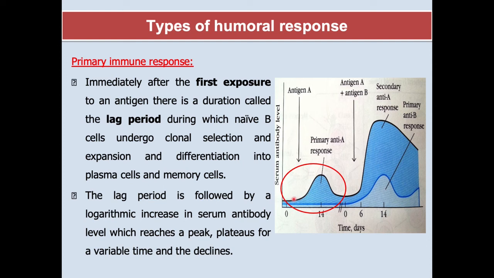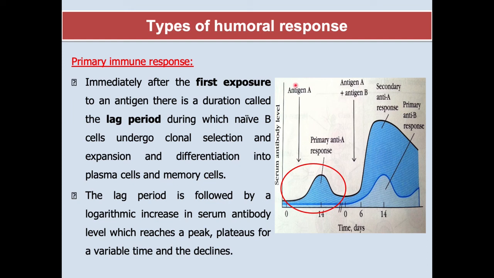The lag period occurs because our adaptive immune system is being mobilized, and appropriate lymphocytes are being cloned to that particular site. During the infection, naive B cells undergo clonal selection, expansion and differentiation into plasma cells and memory cells.